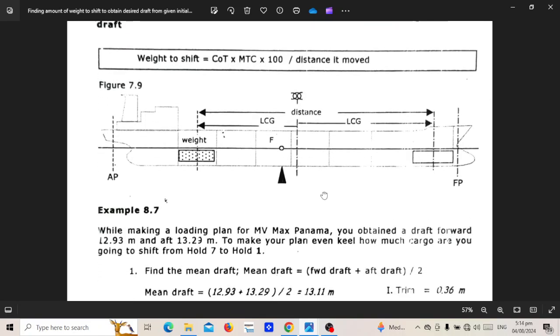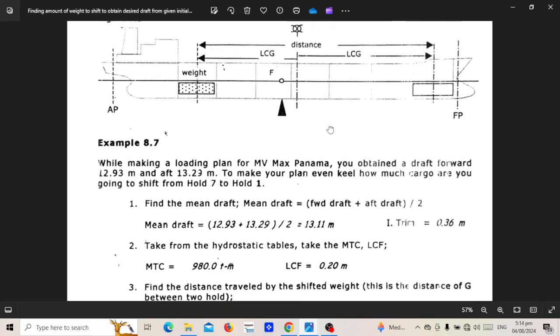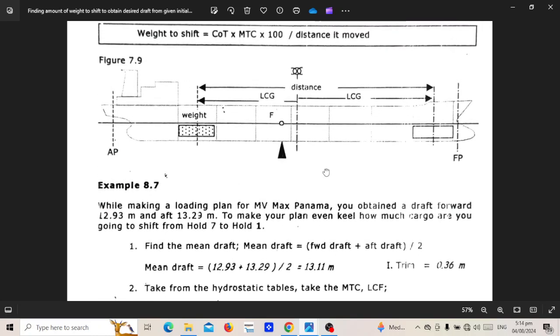And let's read the problem, guys. When making a loading plan for MV Max Panama, you obtain a draft forward of 19.93 and aft draft of 13.29. So you have more draft in your aft, meaning she is trimmed by the stern.